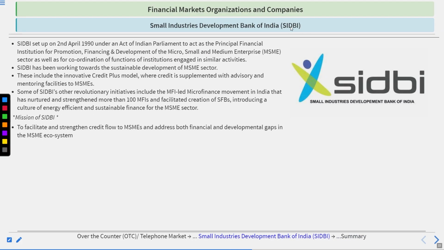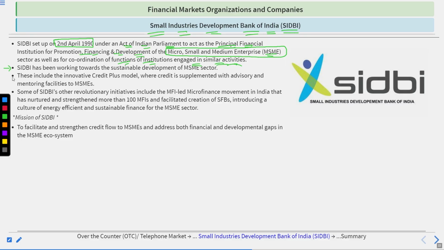Now, SIDBI, Small Industries Development Bank of India. SIDBI was set up on 2nd April 1990 under an act of the Indian Parliament to act as the principal financial institution for promotion and financing development of the micro, small and medium enterprises, MSME sector, as well as for coordination of functions of institutions engaged in similar activities.